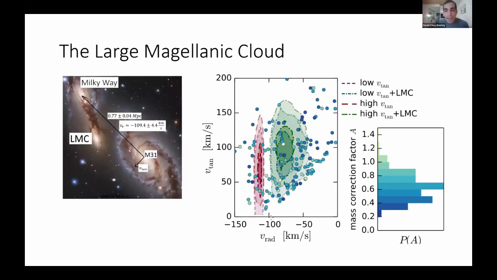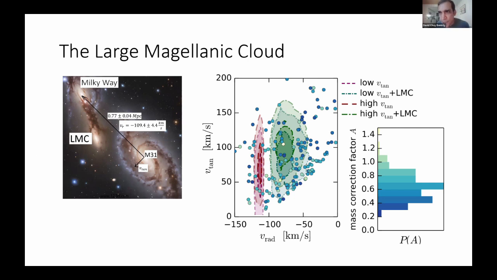Okay. Another effect, which is highly important in this system, is the Large Magellanic Cloud. The Large Magellanic Cloud is a very small dwarf galaxy of the Milky Way, but it also changes the center of mass of the Milky Way, and this is why it's a very important effect.